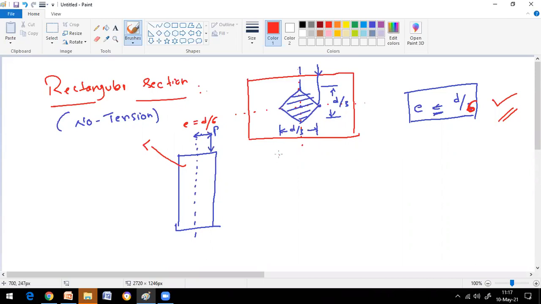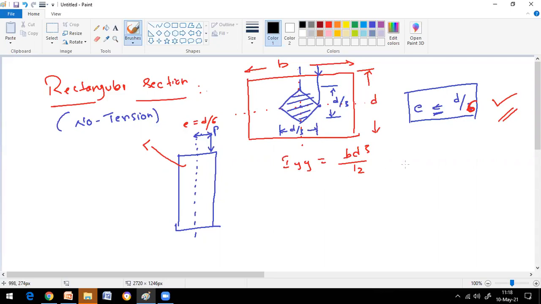Iyy is equal to, what is the moment of inertia of the rectangular section? bd³/12. Let us take this as d. I will show you for the rectangular section how you got E as d/6.